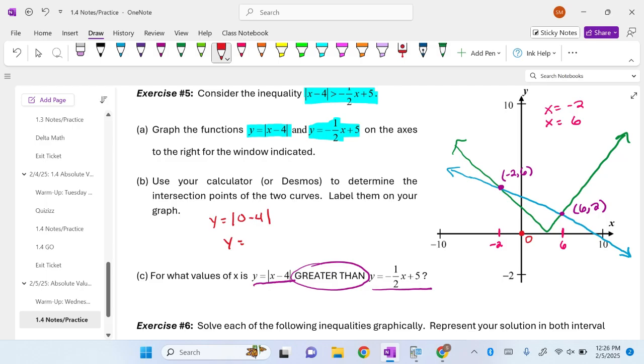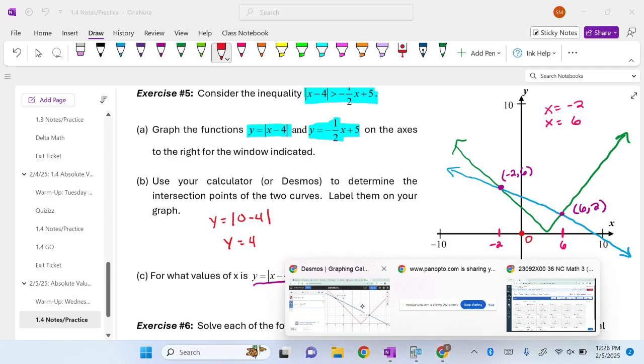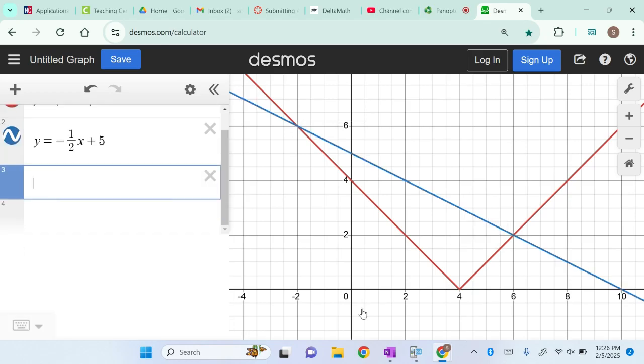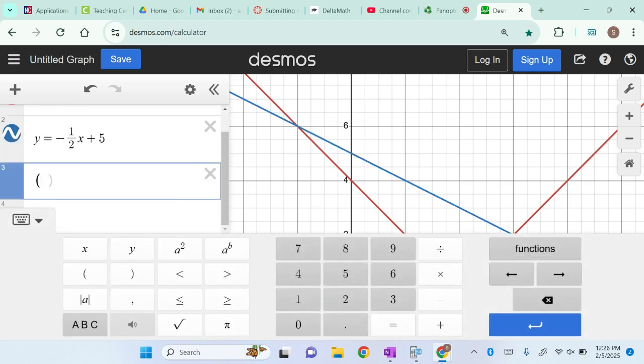Negative 4. And what's the absolute value of negative 4? 4. So if I graph that point, when x is 0, we get 4. So let's do this on the Desmos graph. Let's do the point 0, 4. So that's our point on the absolute value graph.